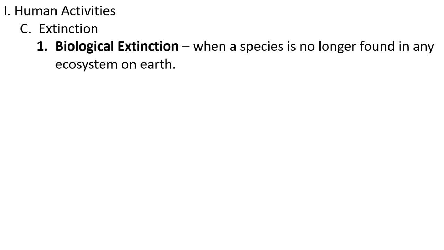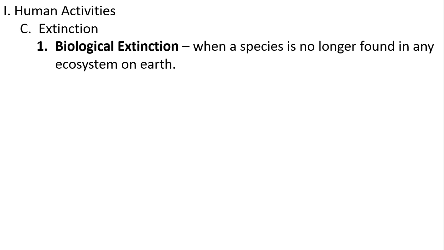Extinction, of course, is the end result of loss of biodiversity. And biodiversity loss is a result of species going extinct. And of course, there's biological extinction, which is the worst form of extinction because this is where species can no longer be found in any ecosystem on Earth.